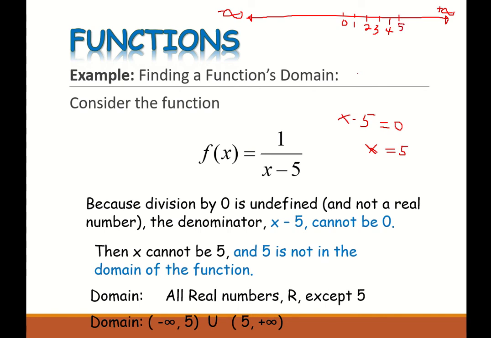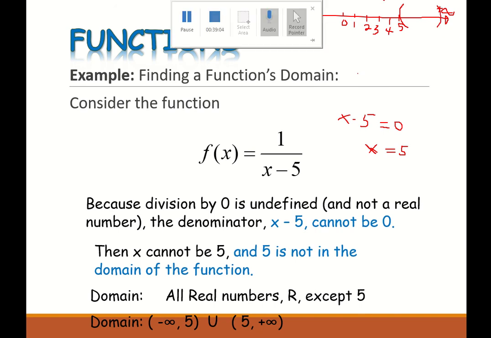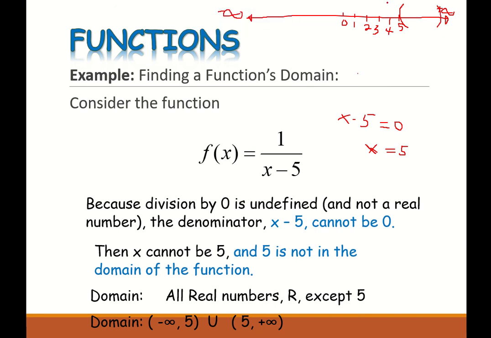Okay, so we have this interval here, and 5 is excluded. So we have this interval, and the other interval is this one. Going to the left it approaches negative infinity, going to the right it approaches positive infinity.